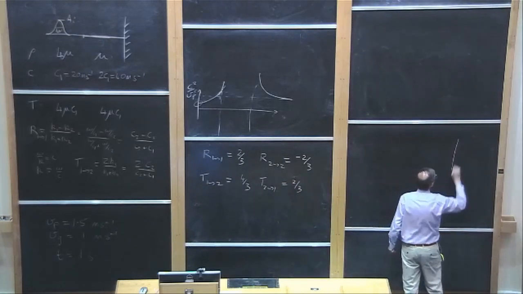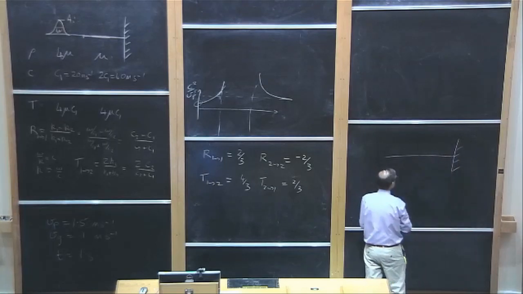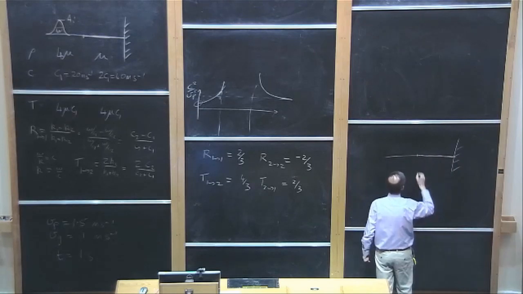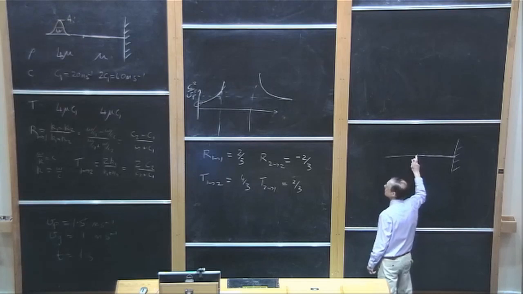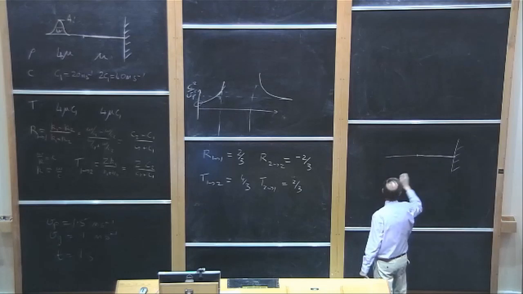So here's the wall, and so at the reflection at this point here, there'll be a reflected wave from medium 1 back to medium 1, which is 1/3 the size.